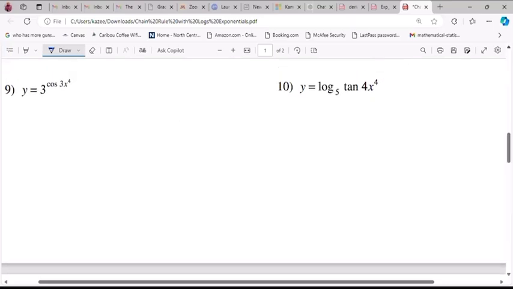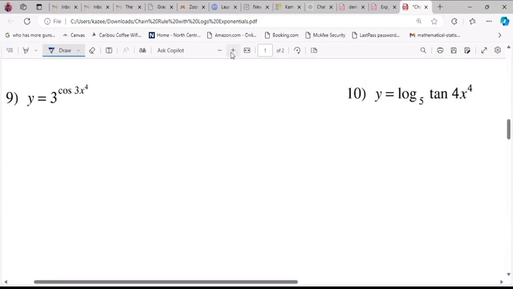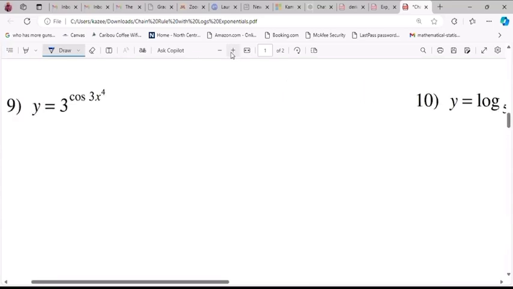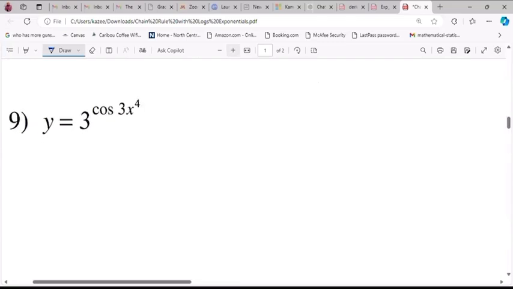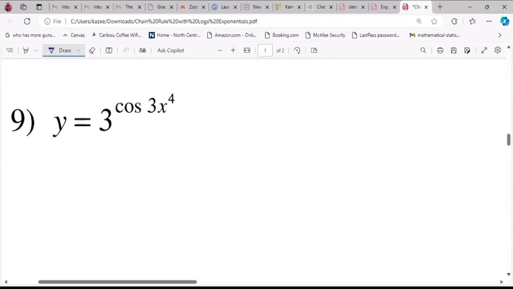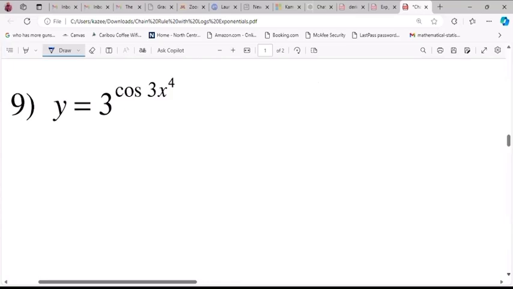So you're going to see how we're going to differentiate that. Okay, so right now, you have this guy. There's no log, right? So if there's no log, what you're going to do is introduce ln to both sides, just like the way we've been doing it.